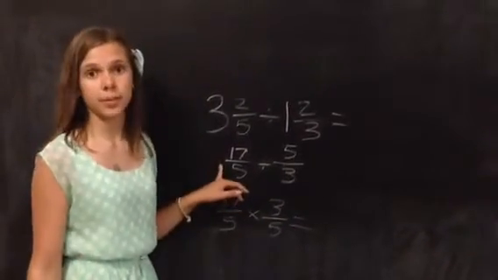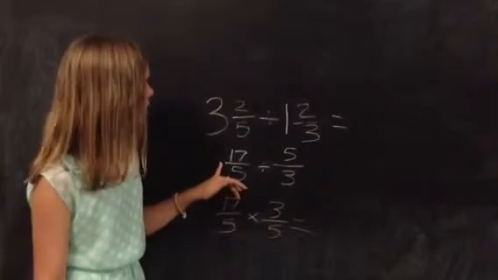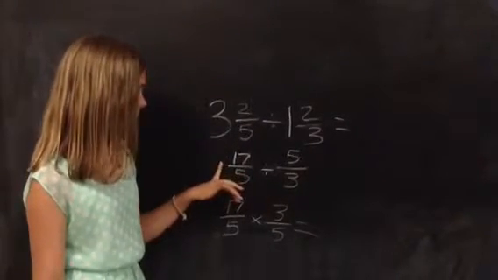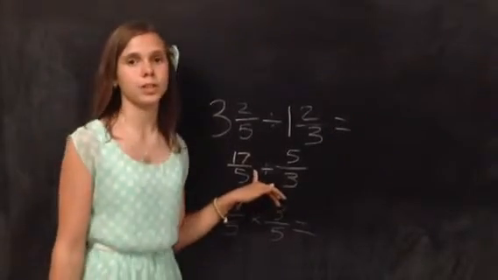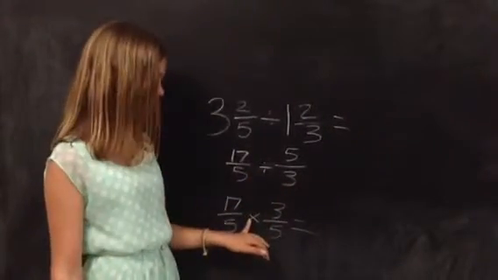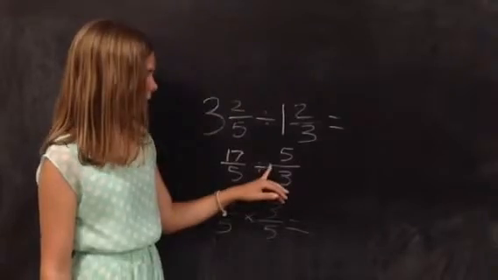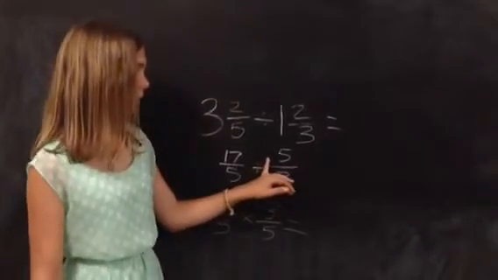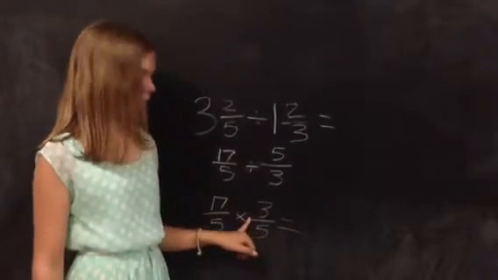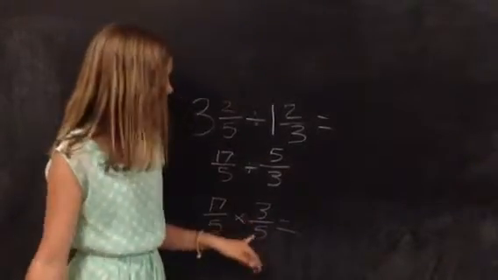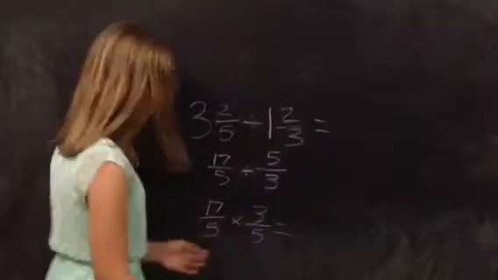Then you want to do keep it, change it, flip it. So keep 17 over 5, change the division sign into a multiplication sign, then flip 5 over 3 to find the reciprocal, 3 over 5. And then you just multiply.